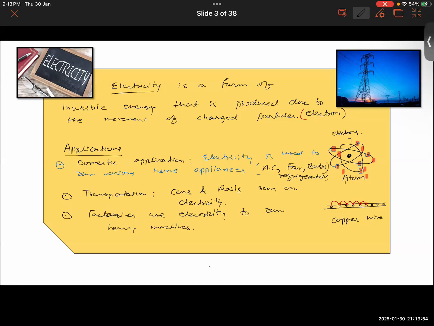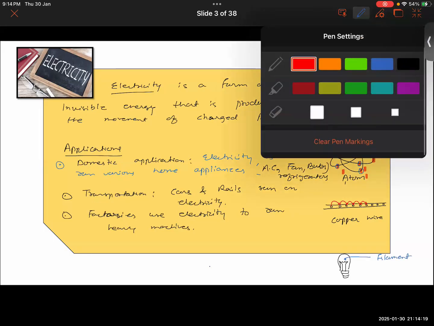Yes, Salman, what is the name of the wire that is used in the bulb? A filament. Very good. Now, can you tell me which metal is used to make this filament? I'll give you options.